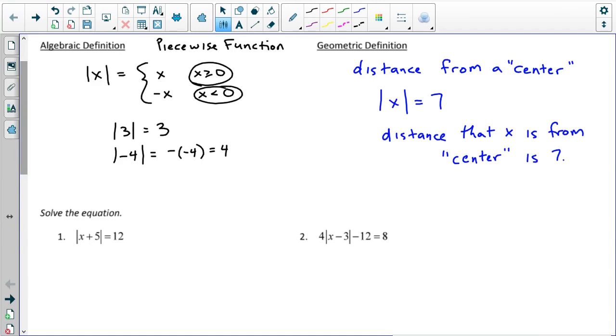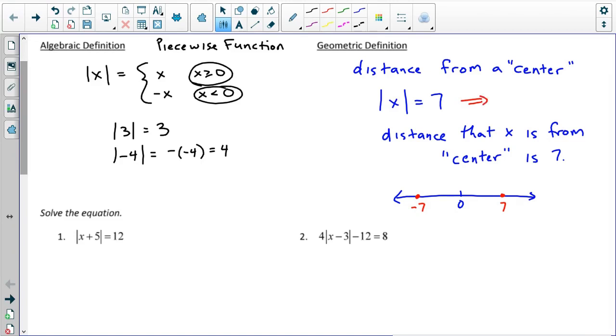So notice that my distance could go in either direction of the center. If the center of my graph in this problem is 0, my distance could be 7 if I move 7 to the right, or my distance would be 7 if I move 7 to the left.